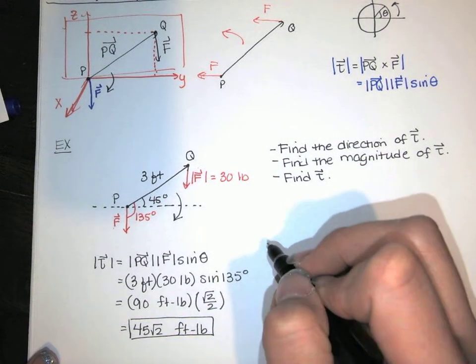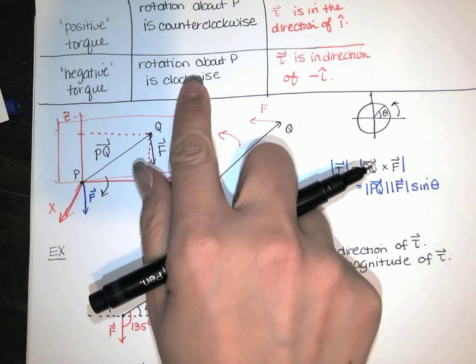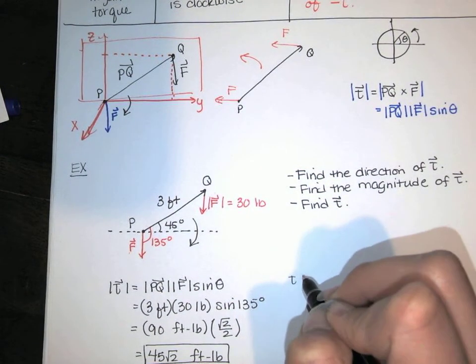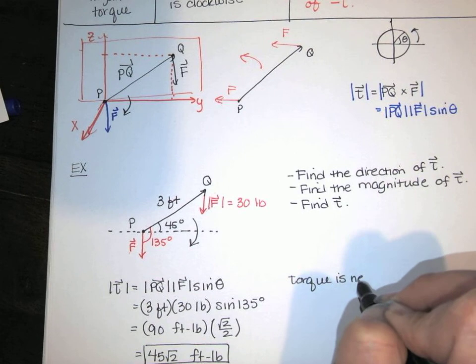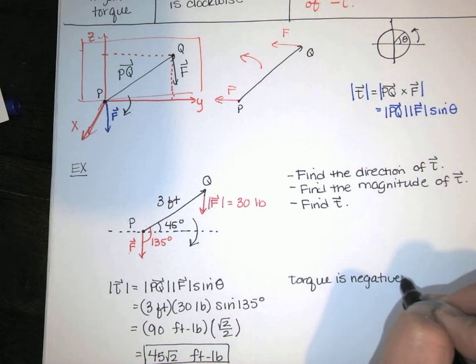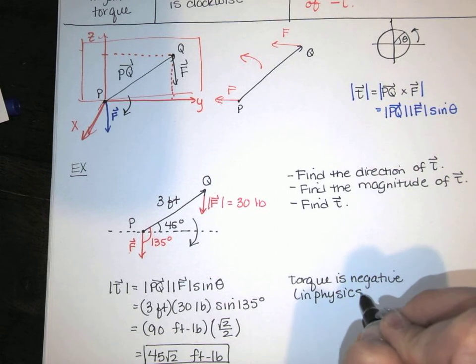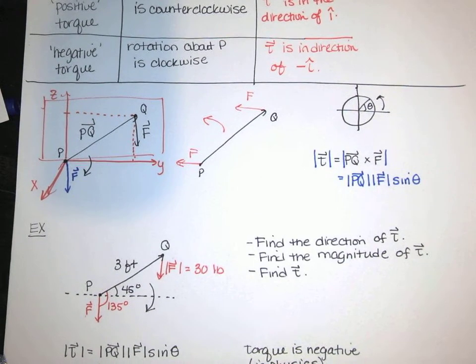So in physics class, we'd say the torque is negative, because whenever it's clockwise, we call that negative torque. That's what we say in Physics 1, Physics 2, here at TCC.